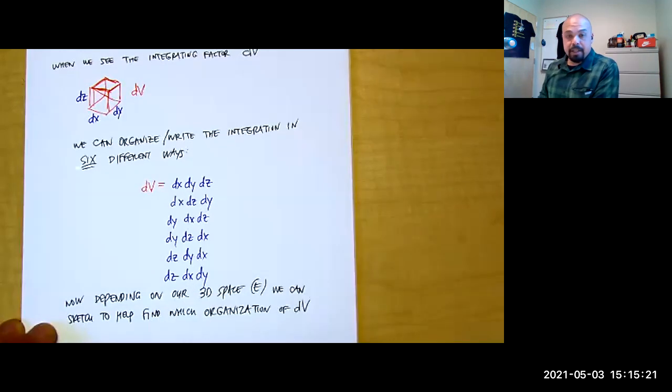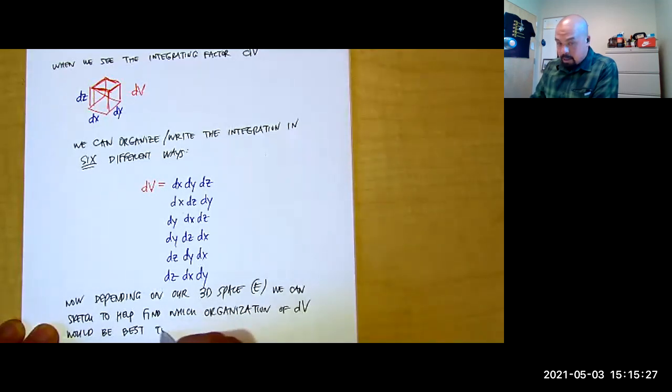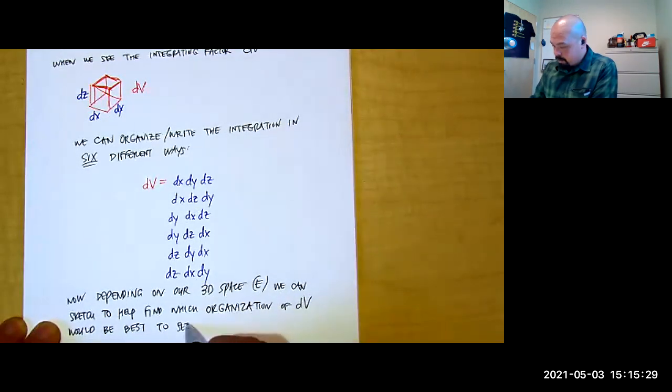Which of those permutations would be best to set up and actually evaluate for that integral, right?